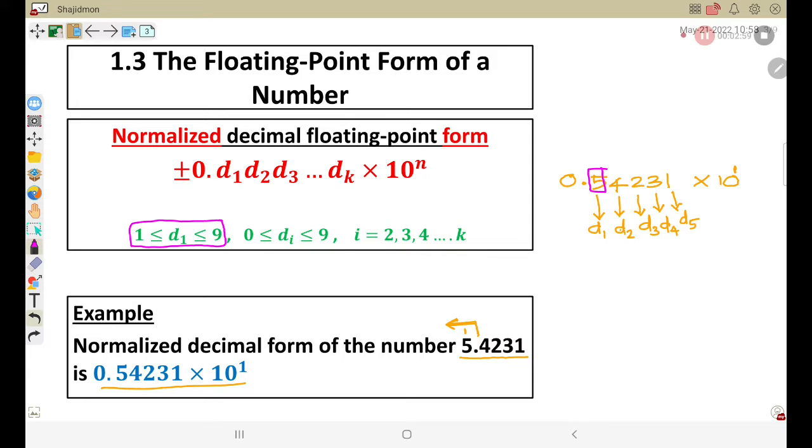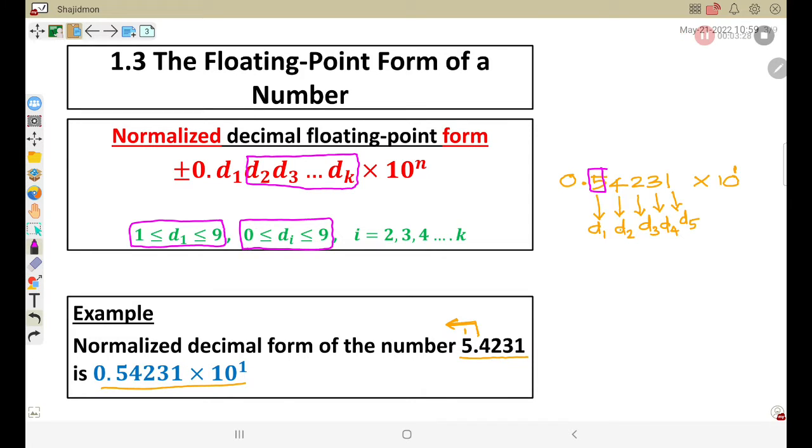Any number from 1 2 3 4 5 6 7 8 9 is fine, but 0 is not possible as the first digit. But after that, for d2 d3 d4 and so on, any digit is possible, 0 to 9: 0 less than or equal to di less than or equal to 9.